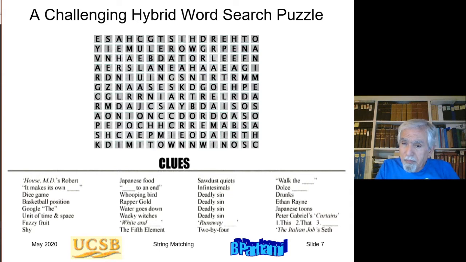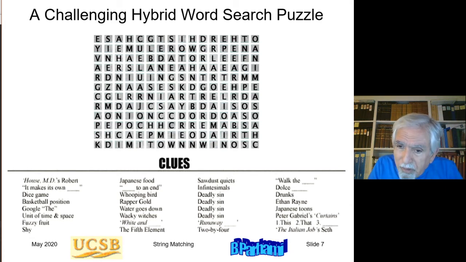Now, because word search puzzles tend to be easy, there are more complex versions of them around. So this one in particular comes from a magazine. There's a fairly large grid, so it makes it a little bit more challenging to search. And the clues are sort of like crossword puzzle clues.